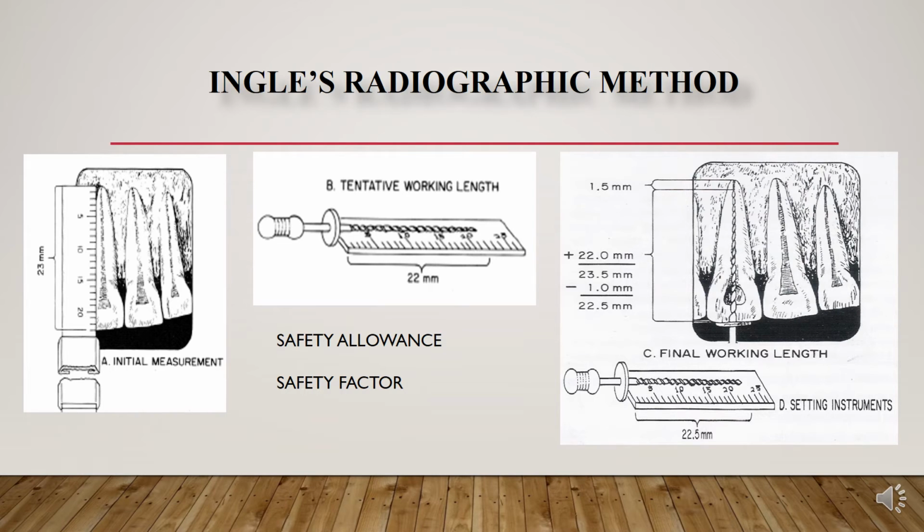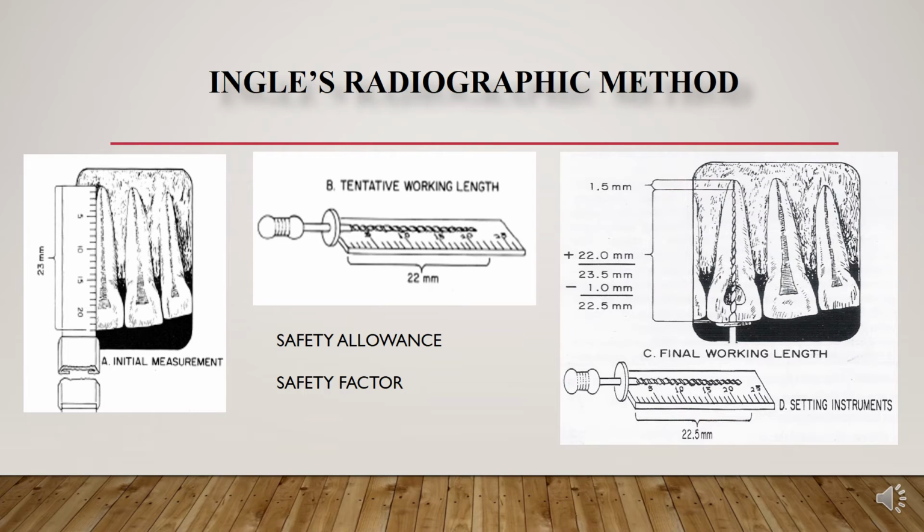This apical constriction, which may mark the cementodentinal junction, is usually 1 millimeter short from the anatomic apex. So we reduce 1 millimeter from the measured length. This 1 millimeter is called the safety allowance factor. So we have a length which is 1 millimeter short from the measured length. We adjust the file to this length and slowly insert it into the canal.